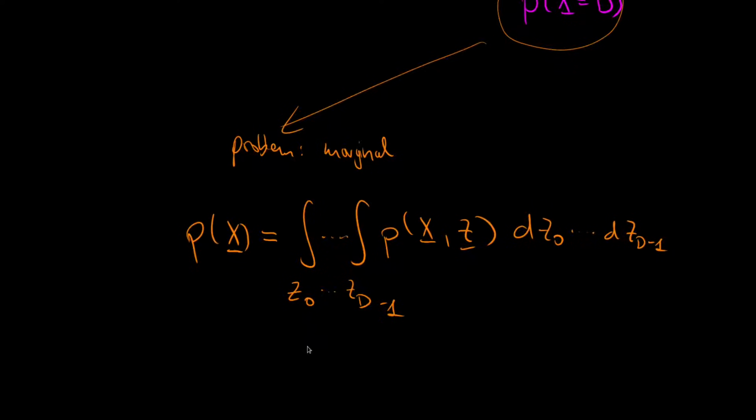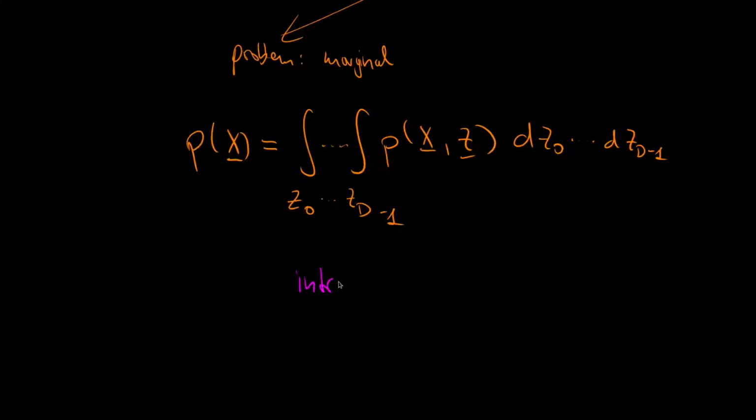And as said, the problem here is that this is intractable. Intractable means incomputable. Think of really complicated models where you, for instance, want to describe images, and you want to integrate over potentially 10, 100 dimensions and find closed form solutions for this. This is just impossible.